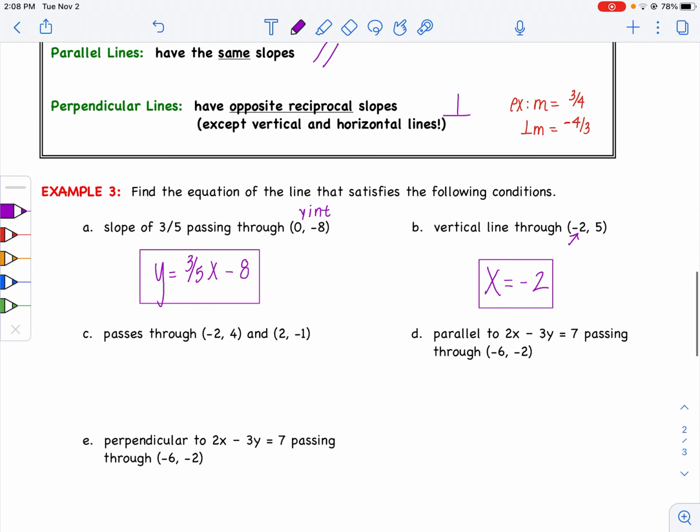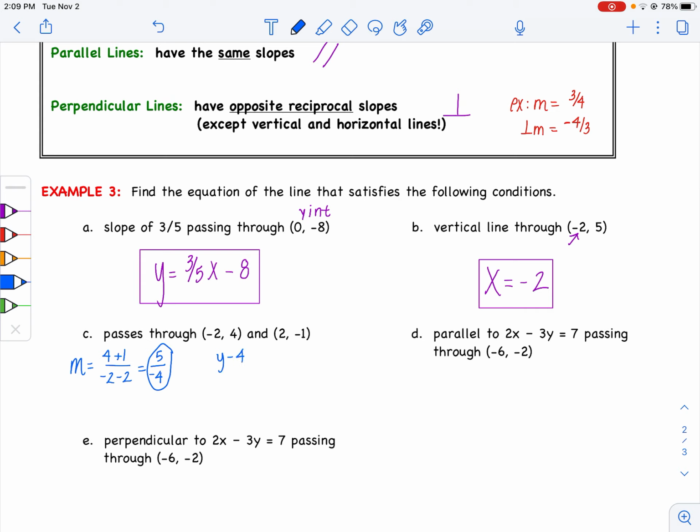Now, for C, it passes through these 2 points. In order to write an equation of a line, I for sure need a slope. So that's where I'm going to start. Using my knowledge of slope, I'm going to plug in to y2 minus y1 over x2 minus x1, and get 5 over negative 4. And then I can choose either point to plug into. It does not matter.